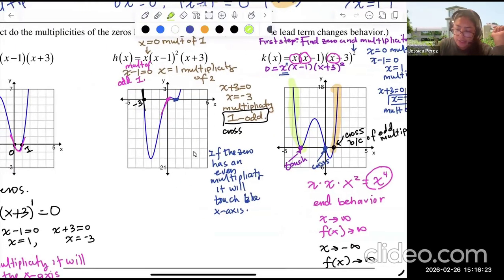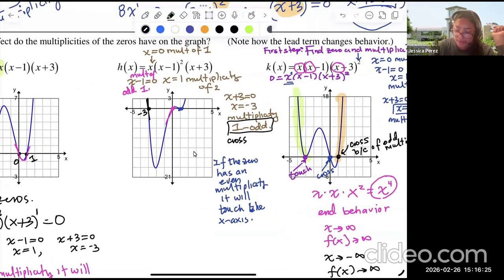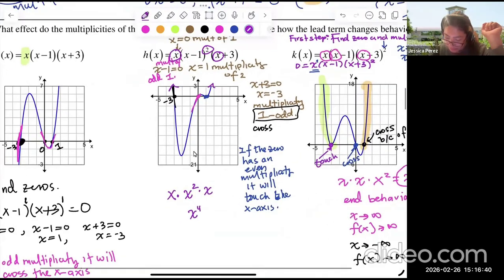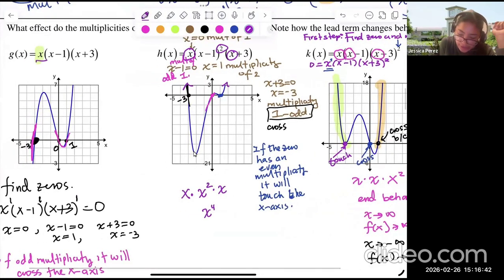Now on this one, if I look at the end behavior of the previous, it's going to behave like x squared, and then another x. So x times x squared times x. This is an x to the fourth. So same thing, looking at the end behavior. And last but not least, this behaves as an x to the third, meaning that it's going to behave this way.